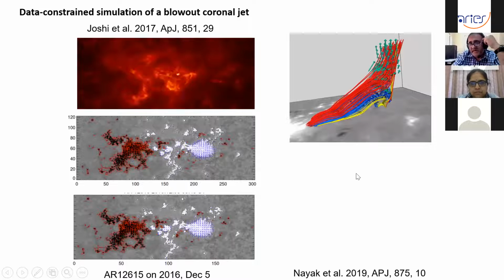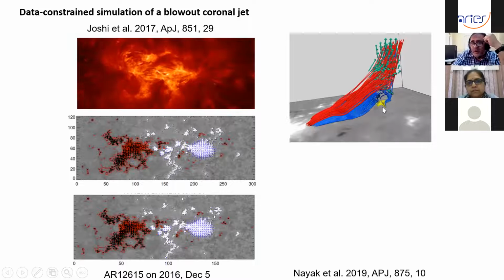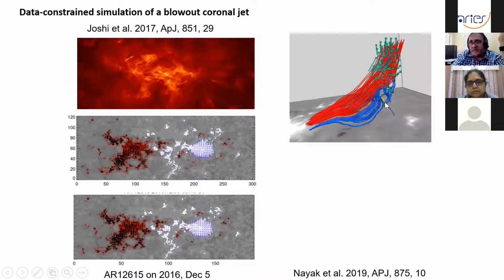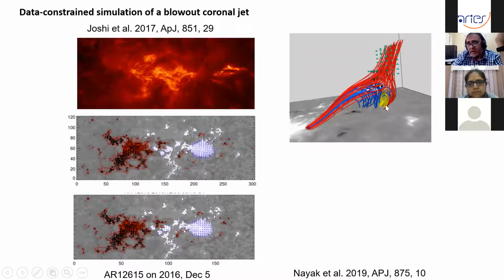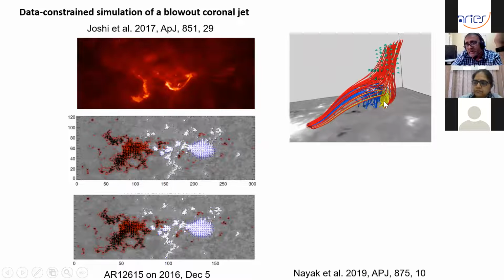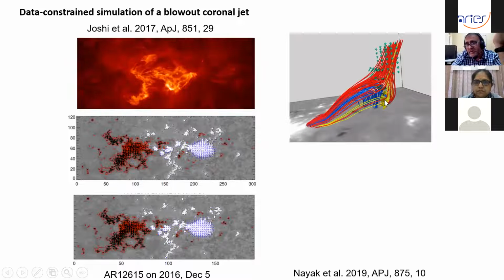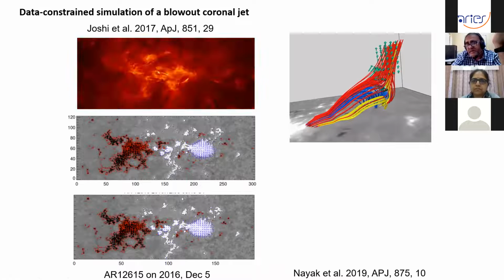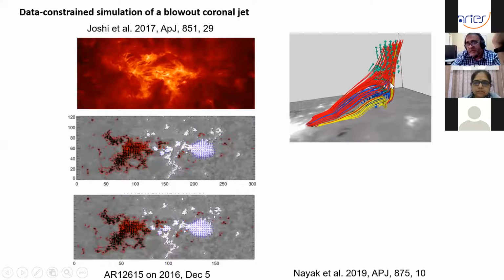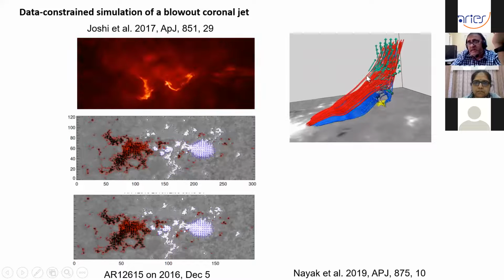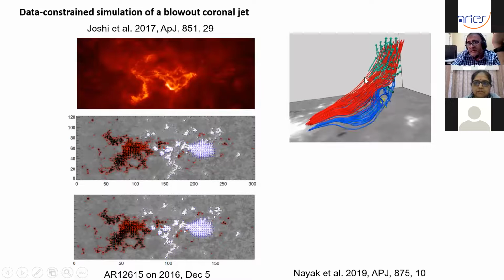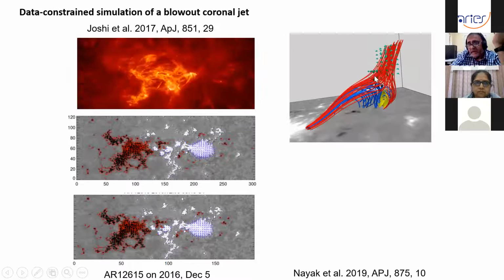And here is the simulation. You can see that there is a small flux rope marked in yellow color, which is a twisted field line. And there is a 3D null located over here. And when the reconnection starts, the flow develops exactly along the ambient field line.